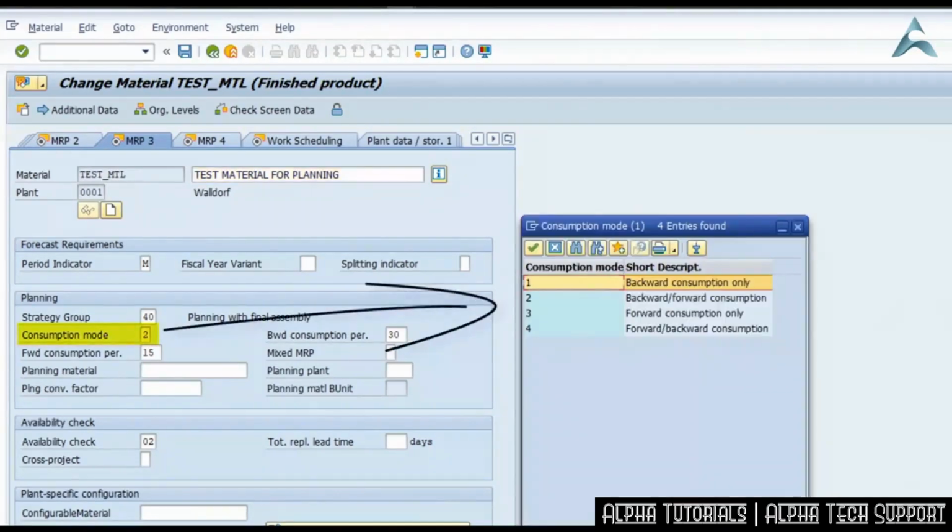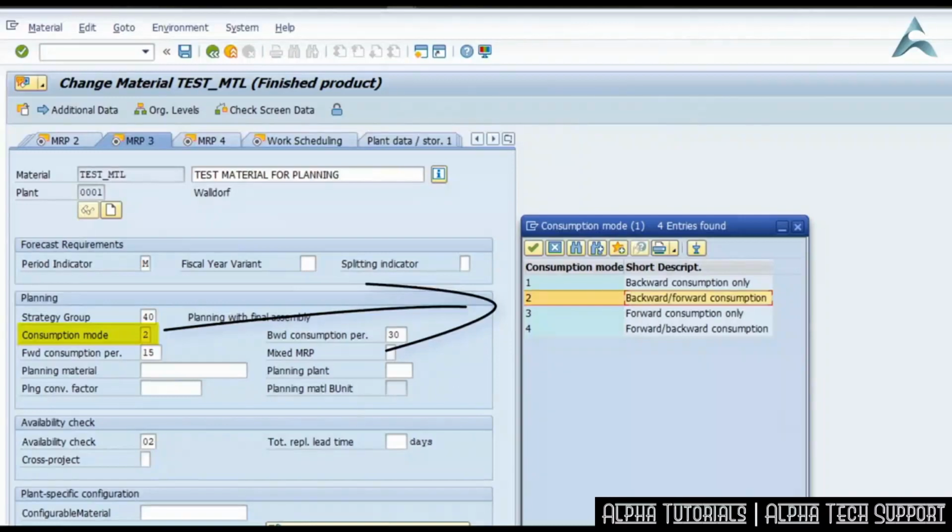The consumption mode has 4 standard SAP options, 1, 2, 3, and 4. And each of these will control which direction on the time axis the SAP system will look for forecast to consume when a customer order arrives. The most common option is option number 2, which indicates backward and then forward.